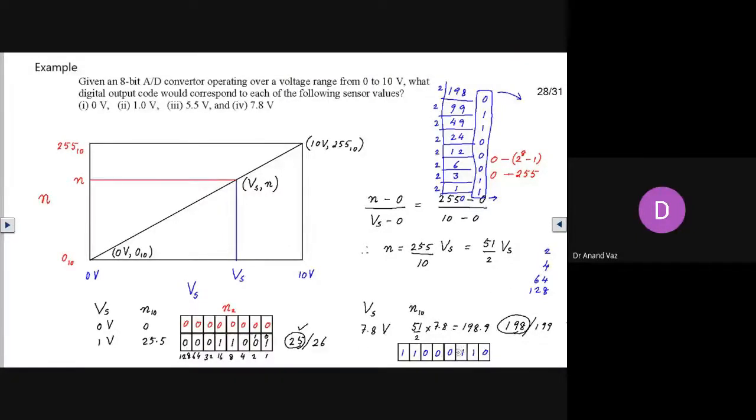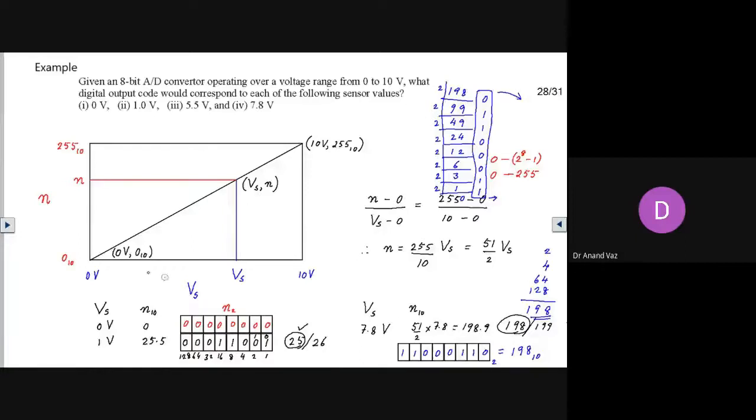That corresponds to this bit pattern, and when you add it, you get 128 and 64 is 192, and 6 is 198. So by the division method also you got this as 198. So this is to the base 2, and this is equal to 198 when represented in decimal.